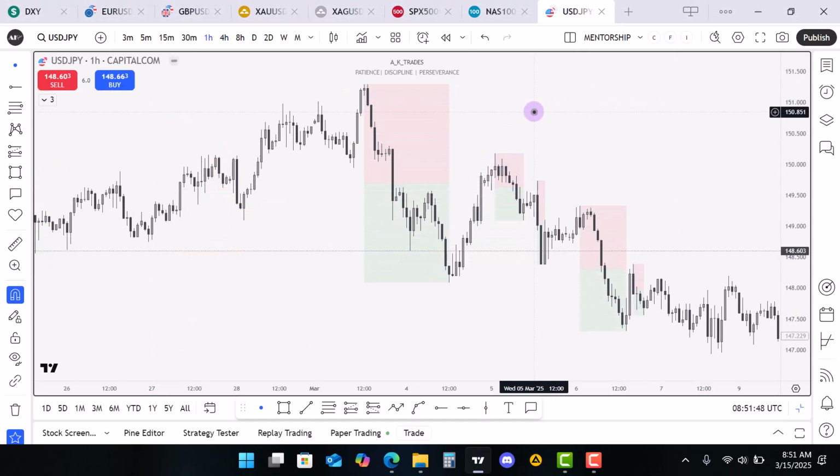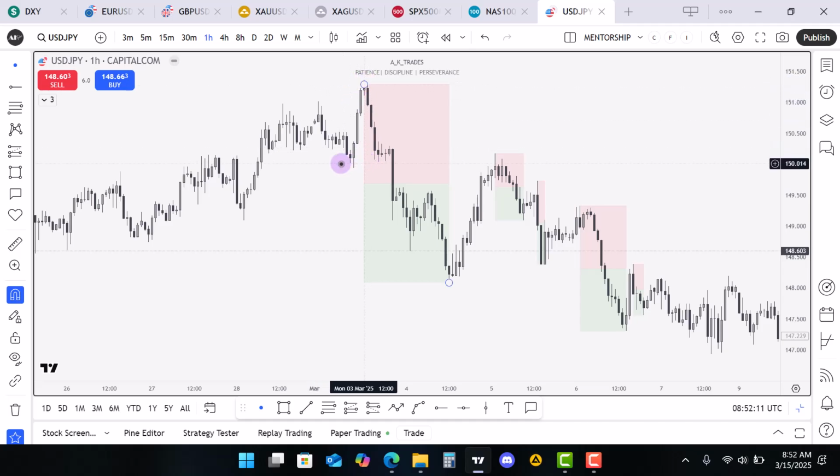As you can see, this is the 1 hour chart of USD JPY, and we are considering this current month, that is March 2025. And this swing high here was formed on the 3rd of March. So, as you can see, buy side liquidity was raided here.